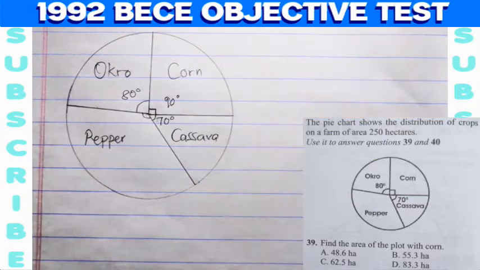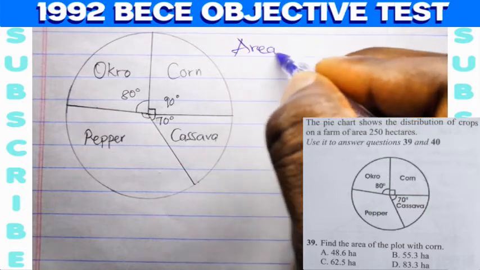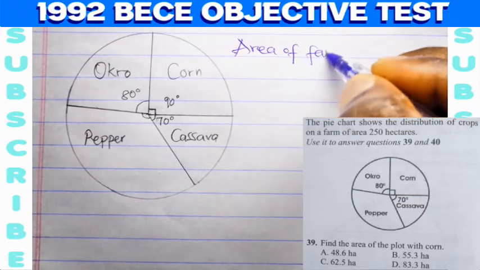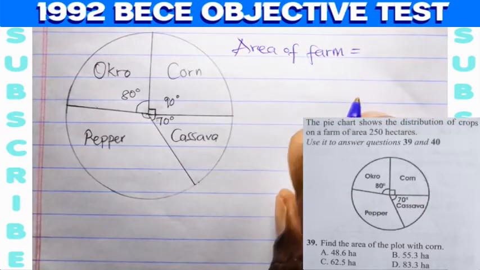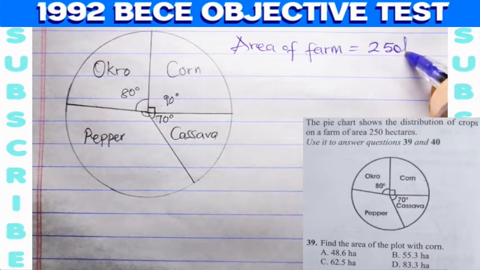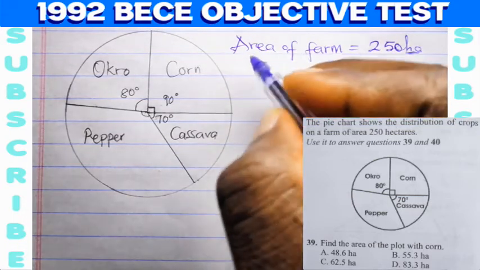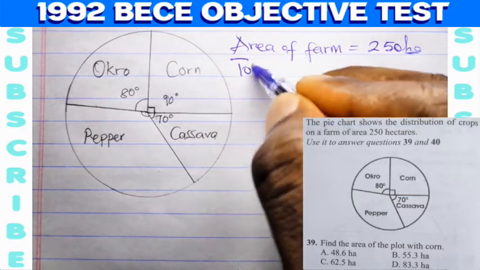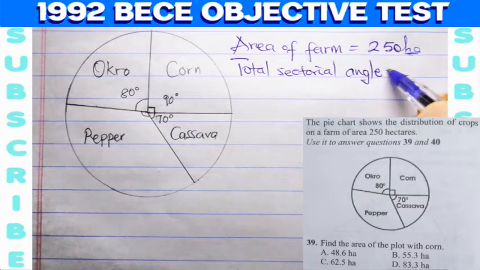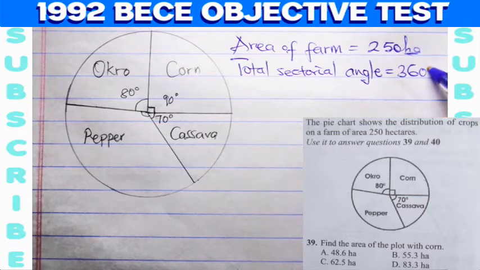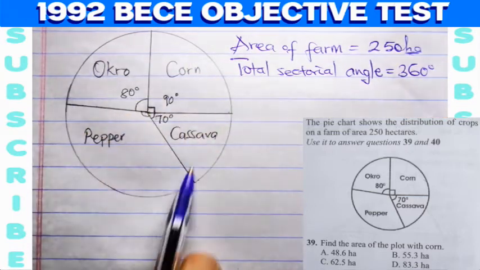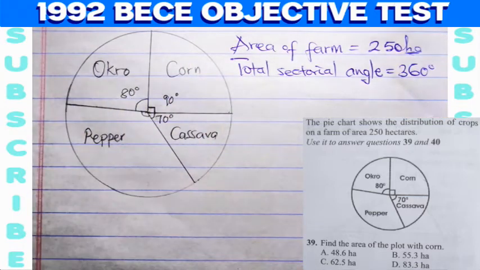The area of farm is equal to 250 hectares. The total sectorial angle is always equal to 360 degrees. The circle all around has an angle of 360 degrees. So that's the total sectorial angle.